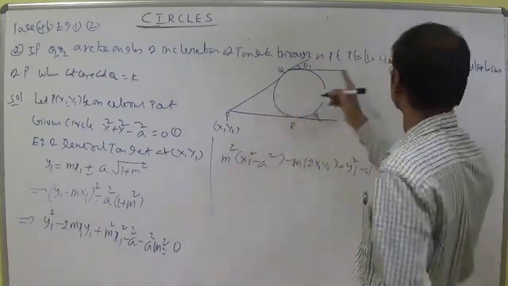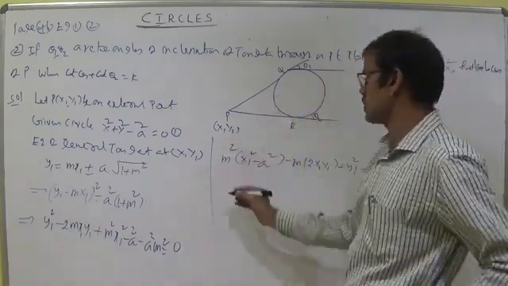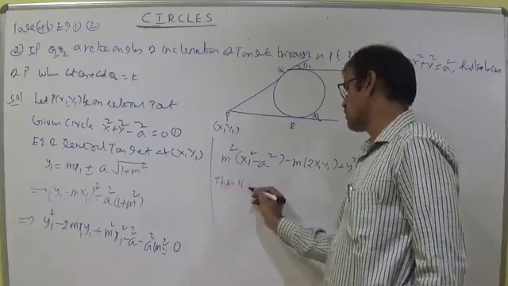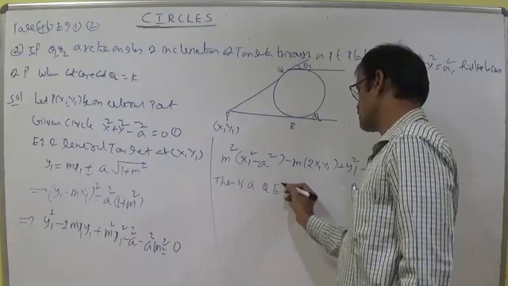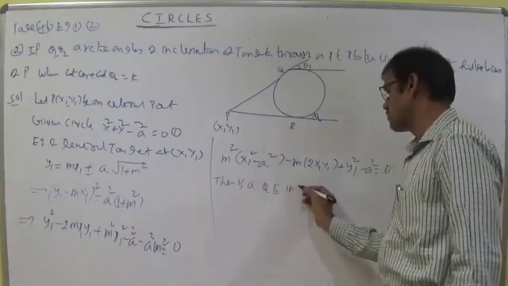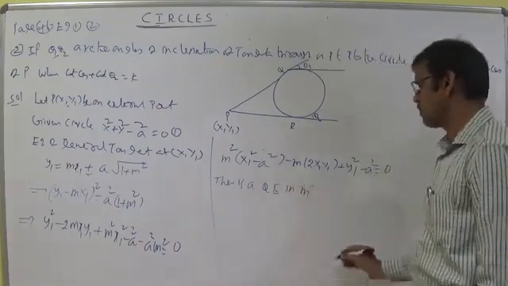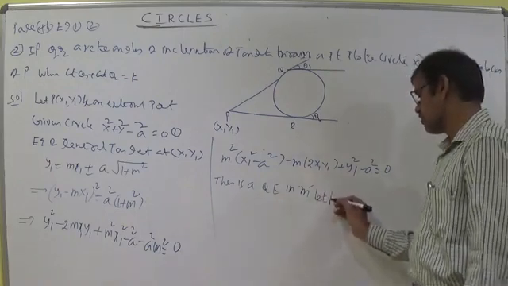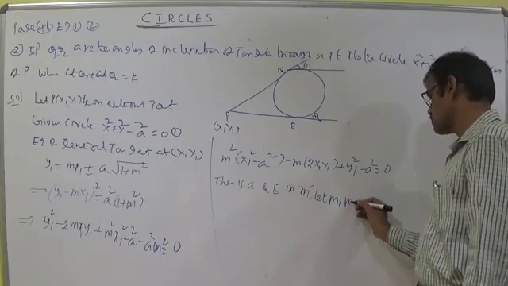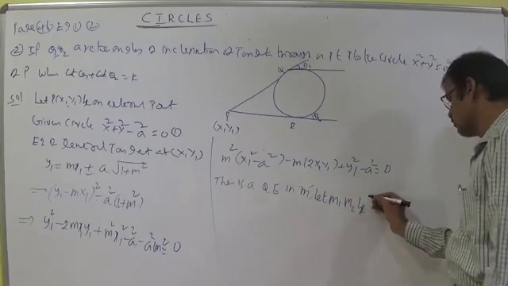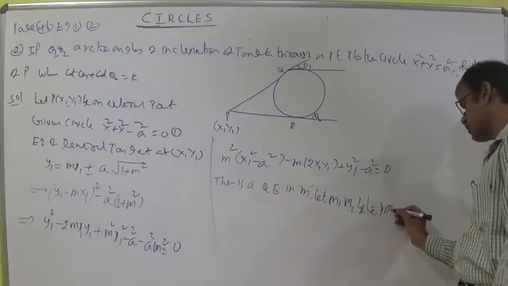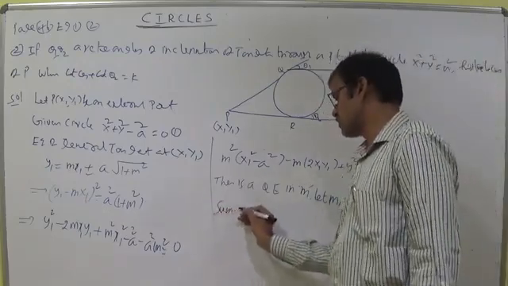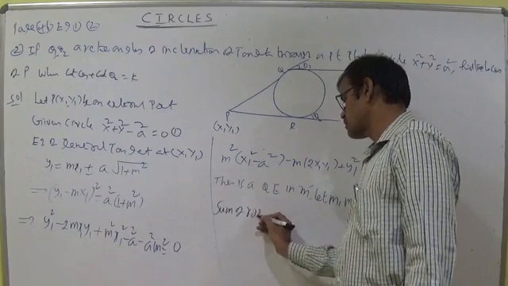Now what he is asking is the condition cot theta 1 plus cot theta 2 is equal to k. This is a quadratic equation in m. Whenever there is a quadratic equation in m, let m1 comma m2 be the roots.